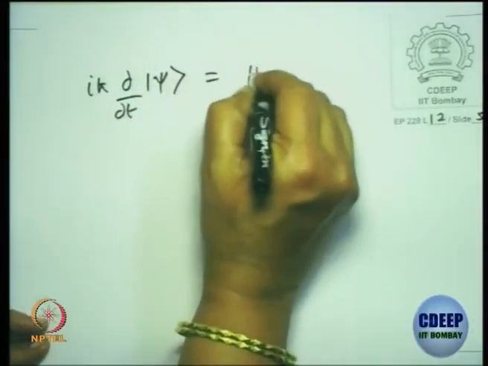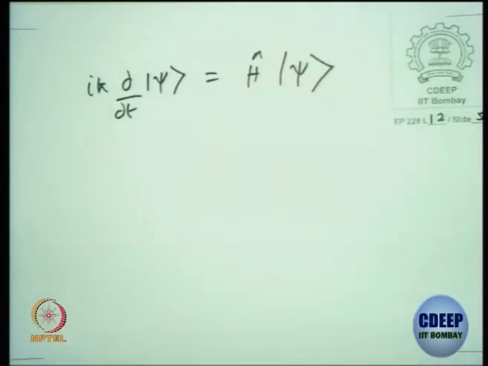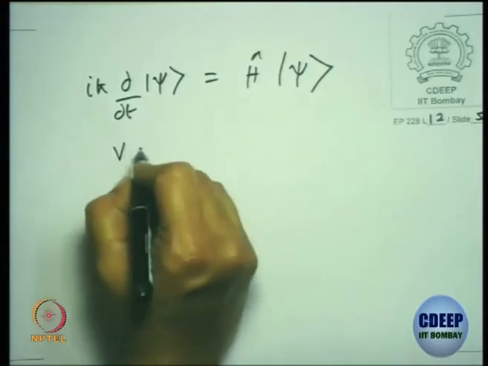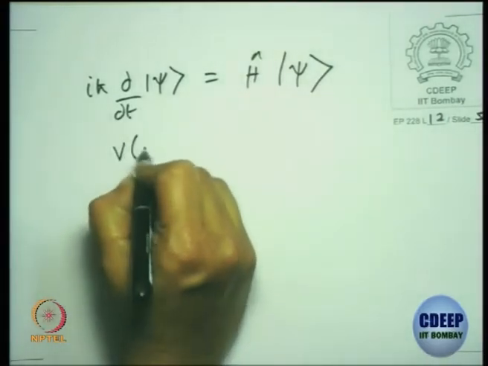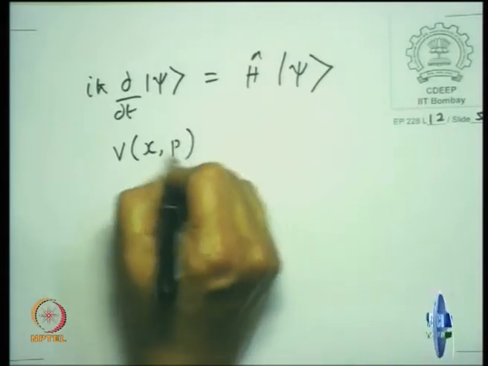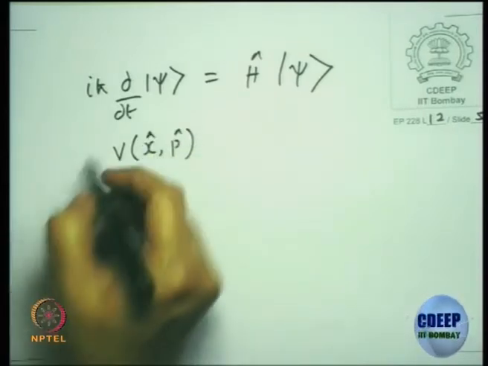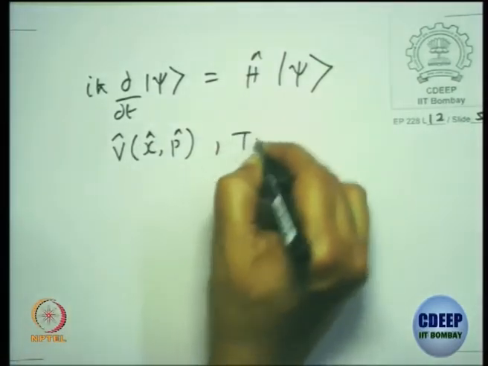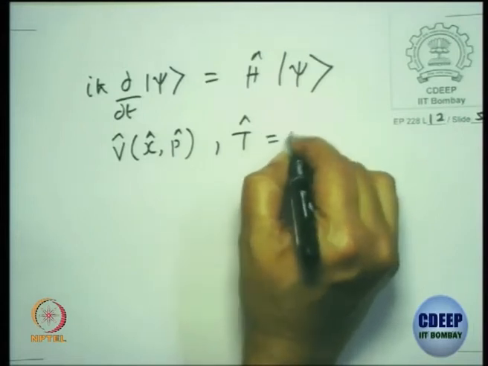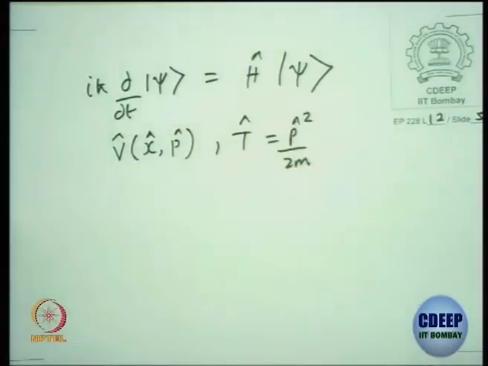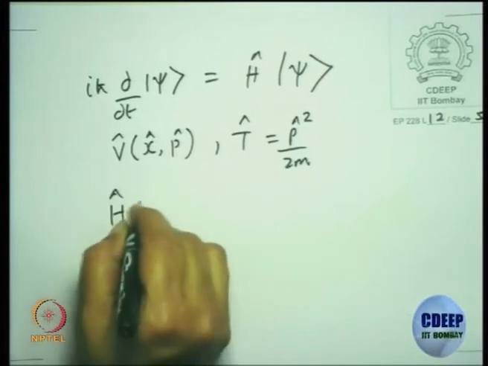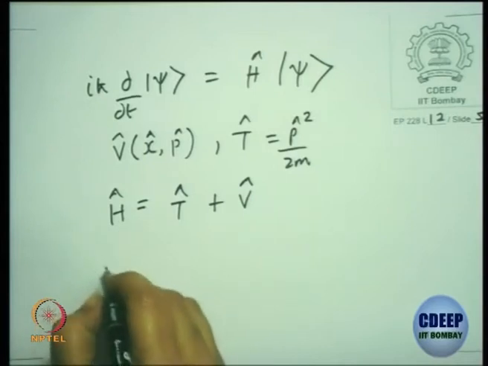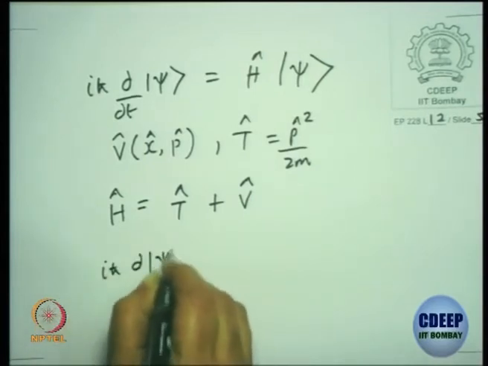Psi is H operator on psi, and if you take V to be only a function of x and p, V also in general is an operator, and of course kinetic energy operator is p squared over 2m. Hamiltonian will be T plus V.